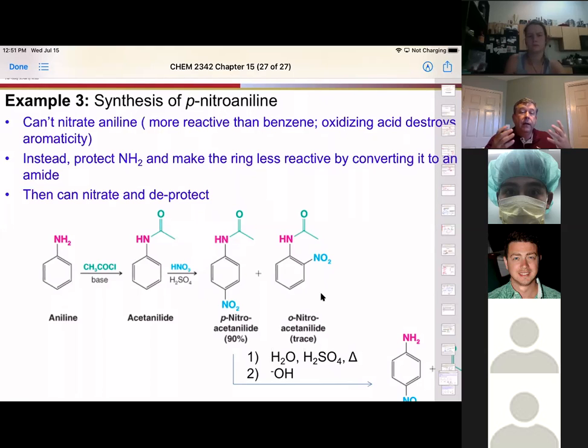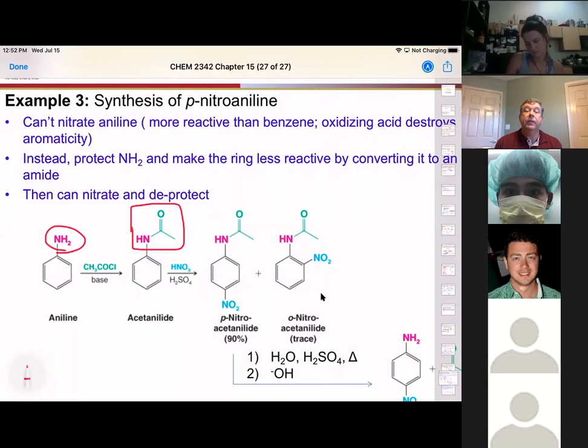And what we are going to choose to do is make the nitrogen a little less susceptible to oxidation by protecting it as, in this case, the acid amide. So we take acetyl chloride, an acid chloride of acetic acid, and we take away one of those hydrogens and make that amide structure here.